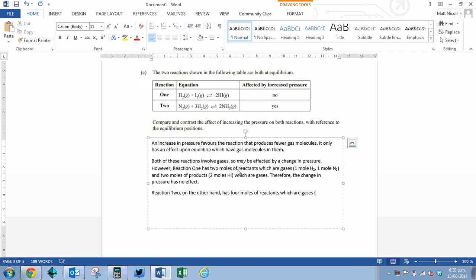And again, I'll say what they are. 1 mole N2 and 3 moles H2, but only 2 moles of products, which are gases.